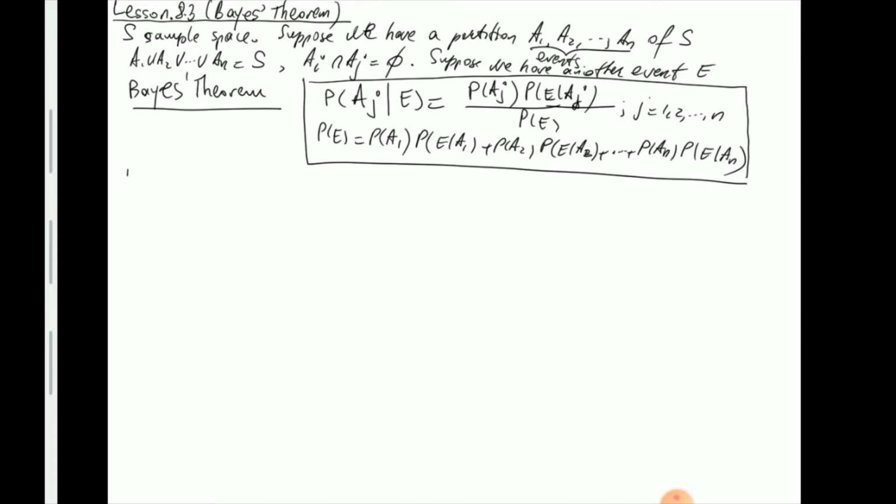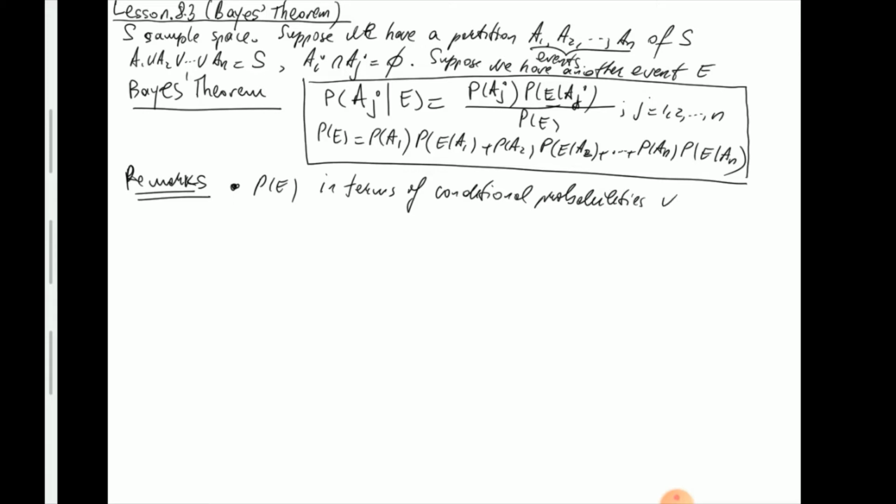Now, let me put a remark here, and then I'm going to illustrate what the theorem states by drawing a schematic of a typical sample space. First of all, let me put two remarks here. The first remark is that you have the probability of the event E in terms of conditional probabilities, with respect to the events in that partition, A1, A2, up to AN.